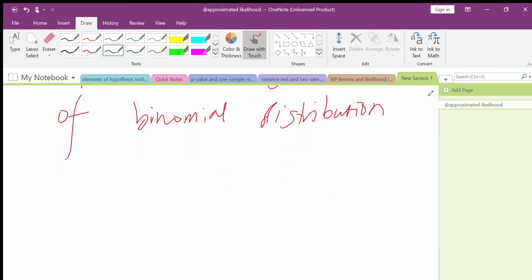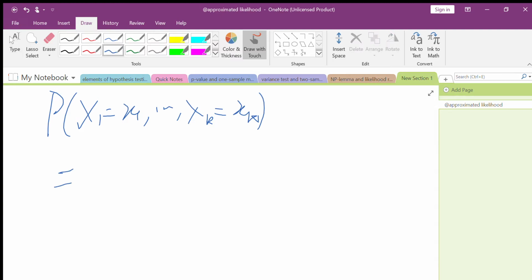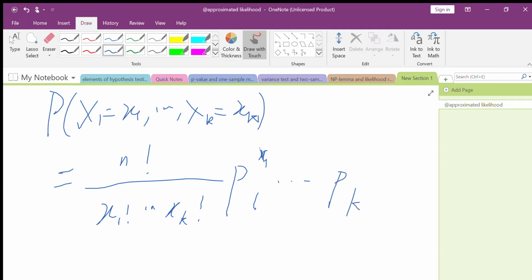The probability of capital X1 being small x1, all the way to capital Xk being small xk, is quite similar to the binomial PDF, but a little different: p1 raised to the power small x1, all the way to pk raised to the power small xk.